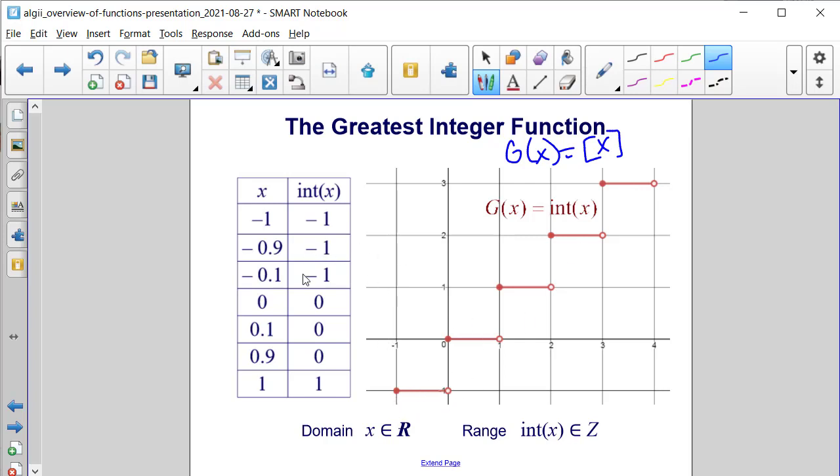And what this does is when you evaluate the function from 0 to 1, when it's in between these values, it always goes back to the previous integer before it.